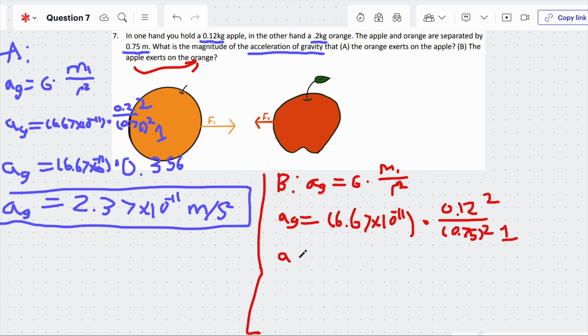So, I'm going to start by just moving our g down, times 10 to the negative 11th, times, and let's figure out that fraction. Divided by 0.75 squared.